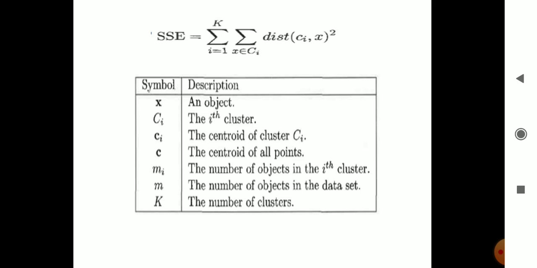Here distance is the general distance formula, where x represents the object, capital Ci represents the ith cluster, small ci represents the centroid of the cluster Ci, mi is the number of objects in the ith cluster, and k is the number of clusters.